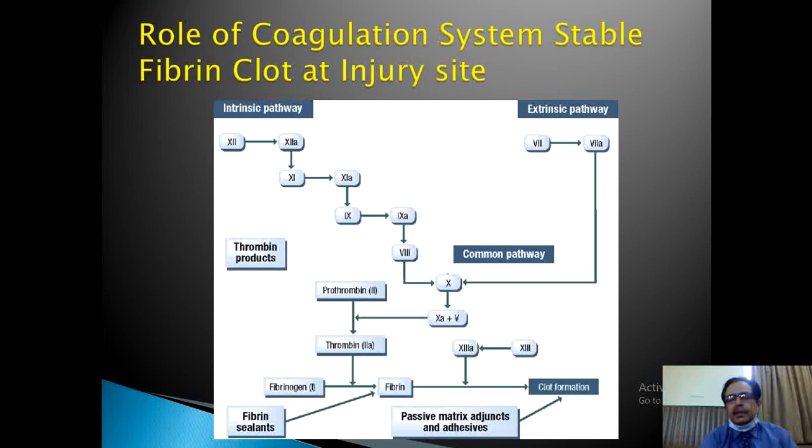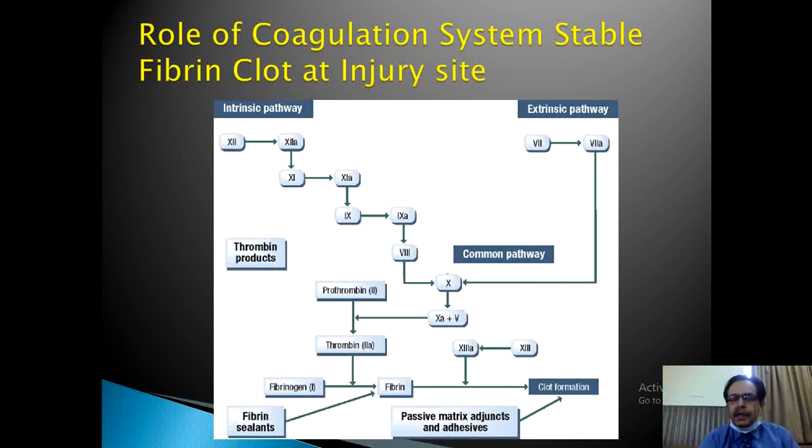At any site, if there is a problem, or any factor at any level has a deficiency or dysfunctional ability, then the coagulation phenomenon is disrupted and bleeding occurs, and we call them bleeding or coagulation disorders. Here in our case, we discussed hemophilia A, which was because of factor 8 deficiency.